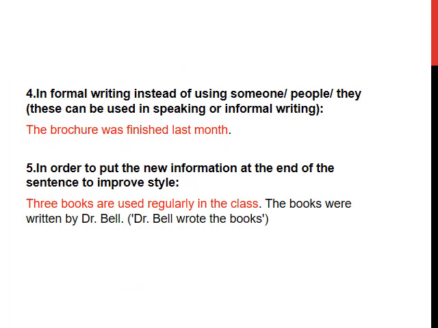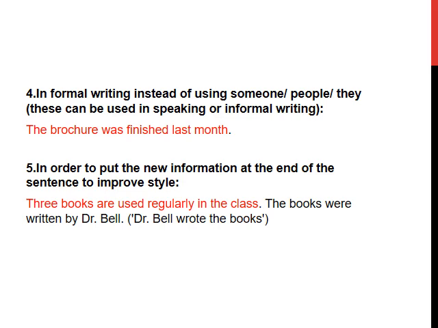In number four, we have informal writing. Instead of using someone, people or they, we are going to use passive voice because these expressions are commonly used with the informal writing. So as in the example, the brochure was finished last month.